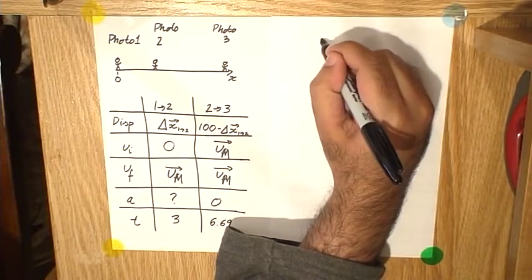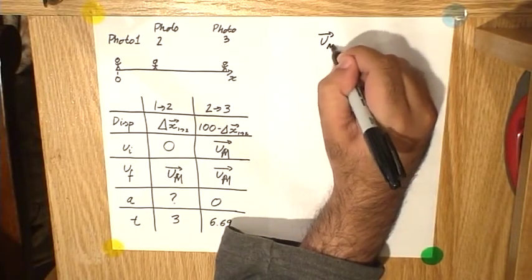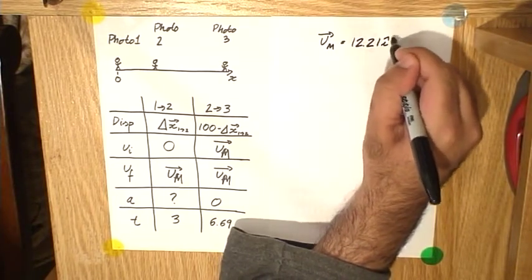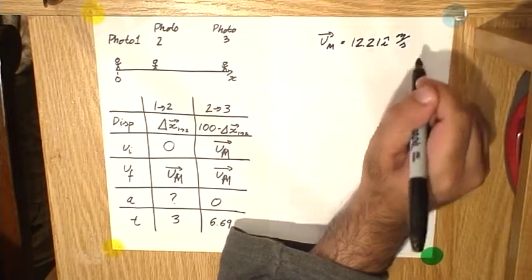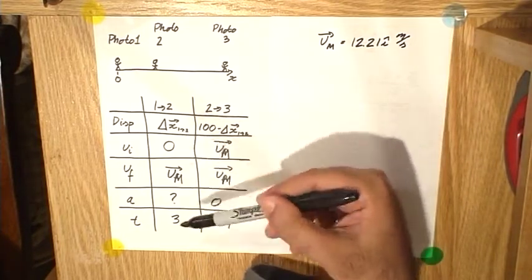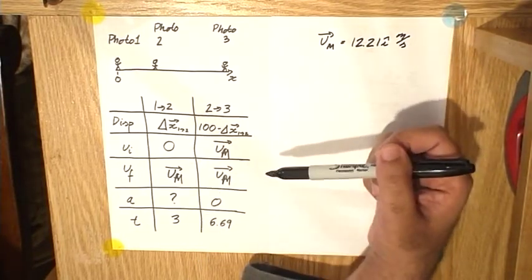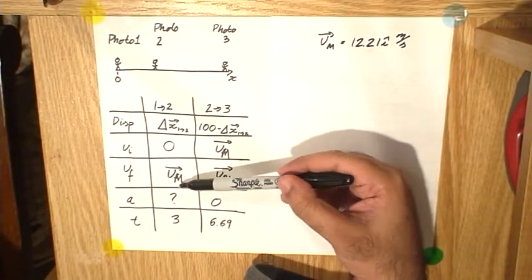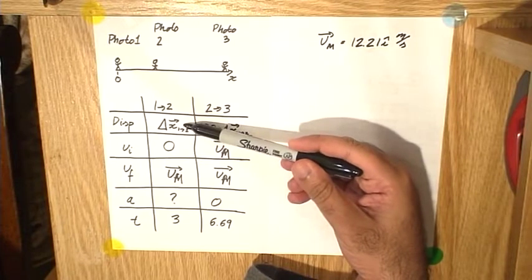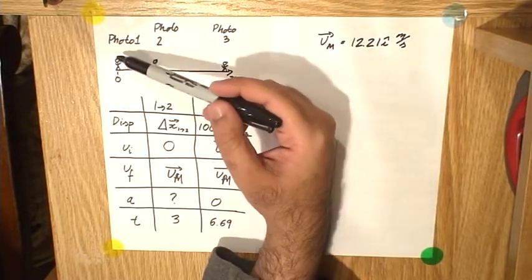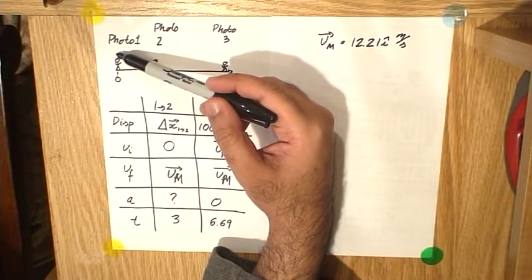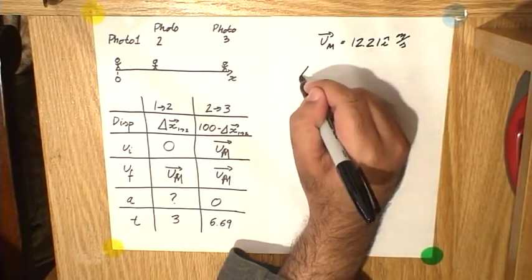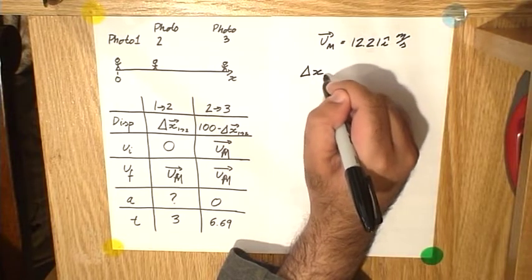Now that we have solved for Usain Bolt's maximum velocity, that was 12.21 i hat meters per second, we can now solve for all of the rest of the quantities over here, quite easily in fact. Let us say that we want to find delta x 1 to 2, the distance or the displacement that he experienced between photo 1 and photo 2. We can now use toolbox equation number 3 to solve for that.